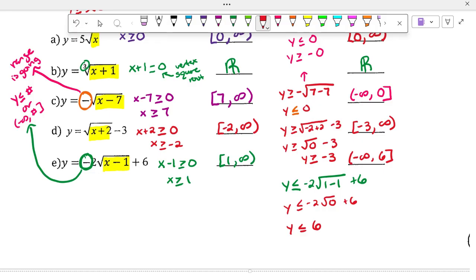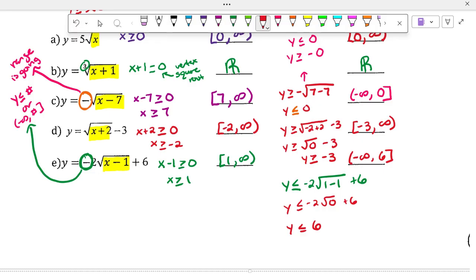Okay, because here's how functions work. The radical is what I like to call a type of bracket, meaning it's like parentheses. Anything under the bracket specifically affects the x value. Anything outside of the bracket specifically affects the y value. Remember, input versus output: whatever we input gives us the output.